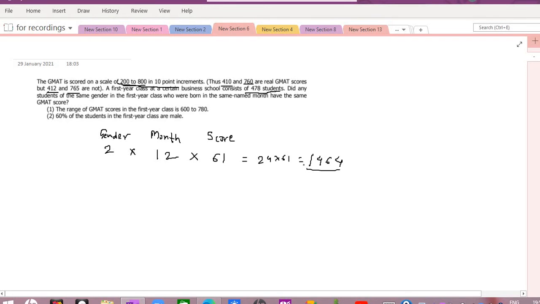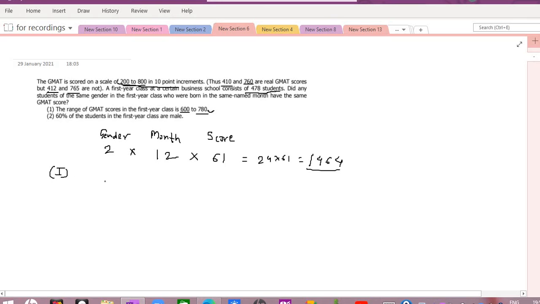All right, now let's move on to the statements and see if we can reduce this down or not. Statement 1 says the range of GMAT scores in the first year class is 600 to 780. So that means the least score is 600 and the greatest score is 780. Now depending on this information, let's see how many combinations we get this time.